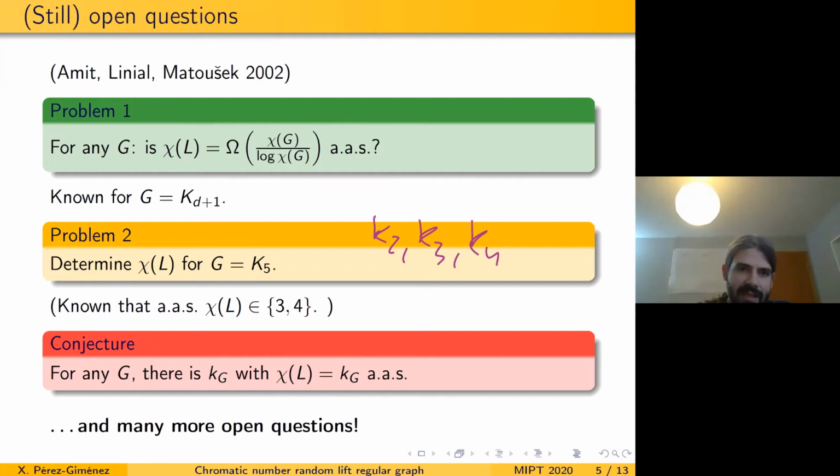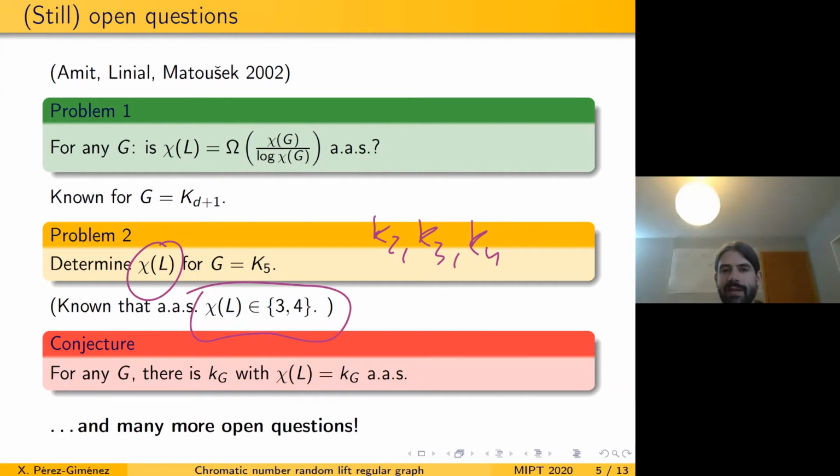But the first case where this is not known is K5, which would be talking about 4-regular graphs. The random lifts have chromatic number either 3 or 4, and it's not known which one it is.